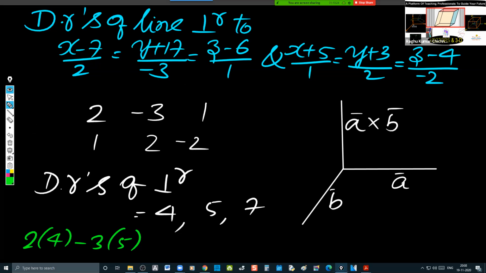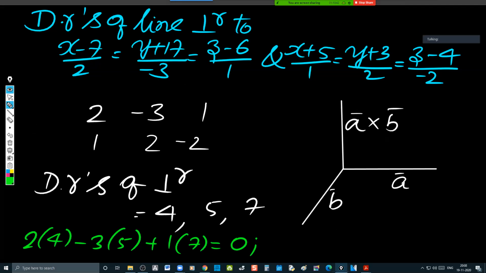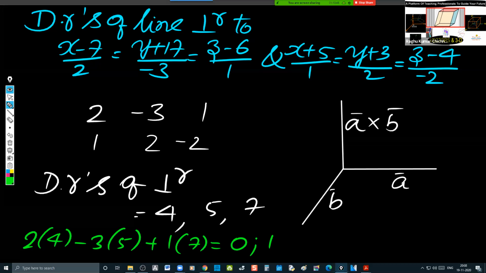Just see. 0. We are checking whether our answer is correct or not. Can you tell me the same for the second one also? Can you check whether the DRs we have got are for the line which is perpendicular to both the lines.